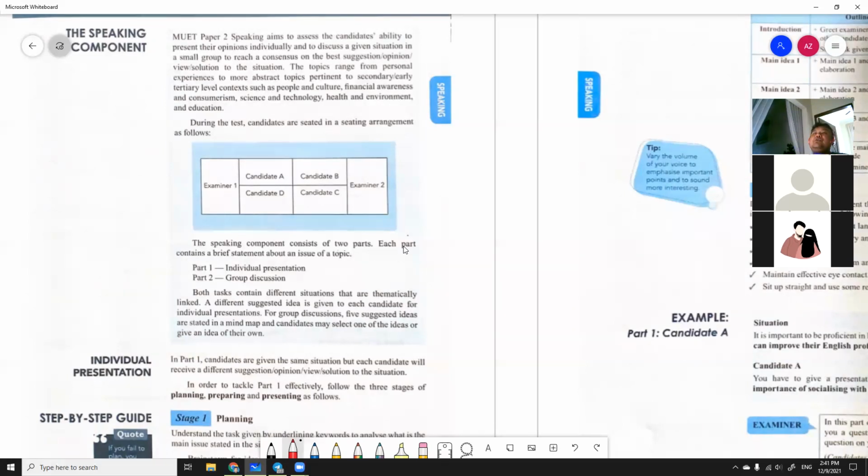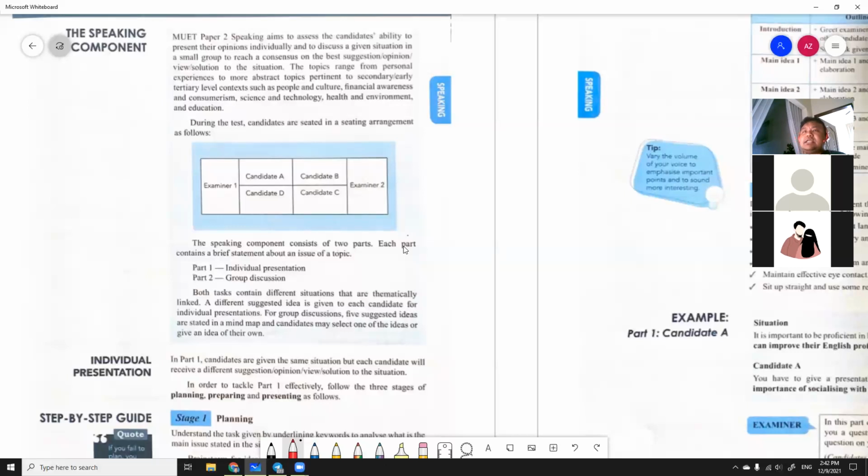For those who can afford to buy the book right now, just go and buy it on the link that I shared on my Telegram channel the other day. But for those who still have problems with money, you can wait for me to share the notes for you. But I tell you what, this book comes very handy.